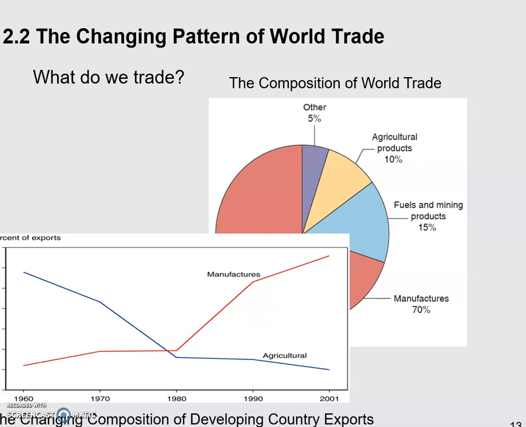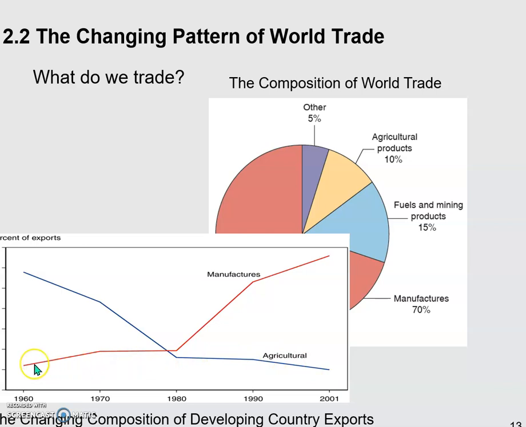Okay, so you find that here we show from late 1950s all the way to early 2000. Okay, and during this historical period, we find that the agricultural products exported from developing countries to the rest of the world declined significantly from about 60% of their total exports all the way down to about 10%, so 50 percentage points decline.